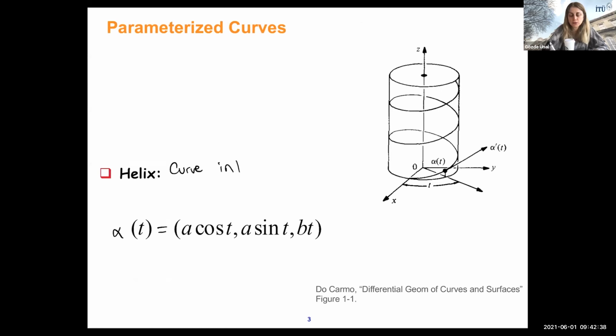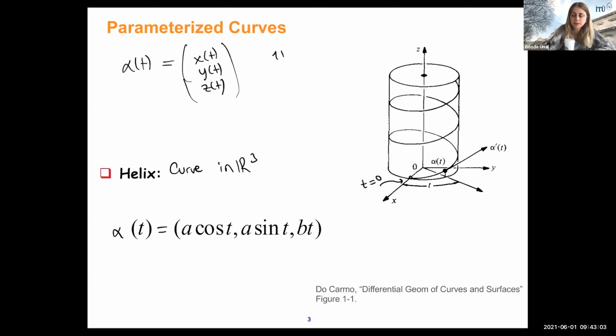This is in R3, of course. In R3, the curve alpha of t is x of t, y of t, z of t, but how many parameters do I have? It's one, right? A single parameter starting, for instance, from here, t equals 0, and it goes all the way up. It parameterizes my curve. So it's really a 1D manifold.